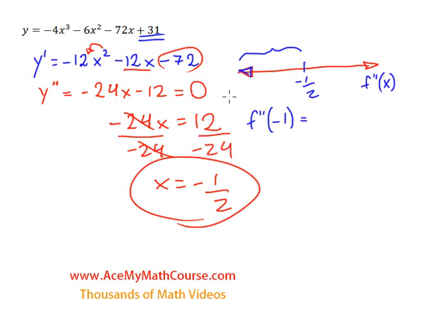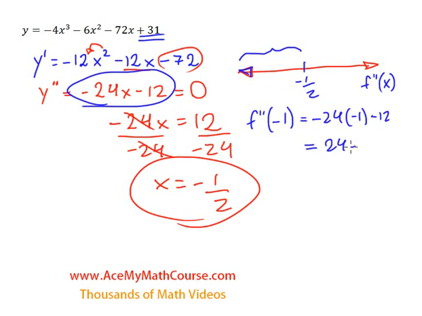So plug in negative 1 here into the second derivative, minus 12, so I get 24 minus 12, it's positive 12, so it's positive over here. What does that mean? Well, that will mean that the graph of the function to the left of negative half is concave up. So this is concave up until negative half.